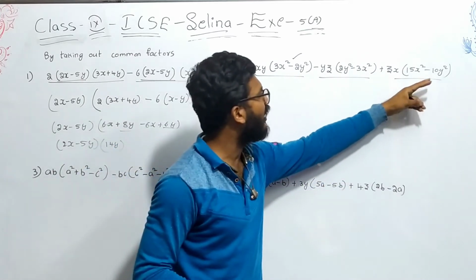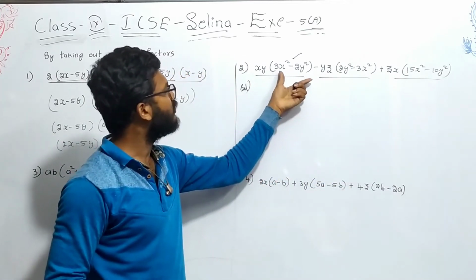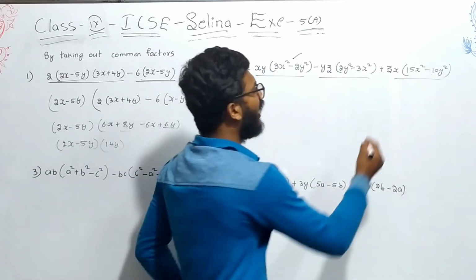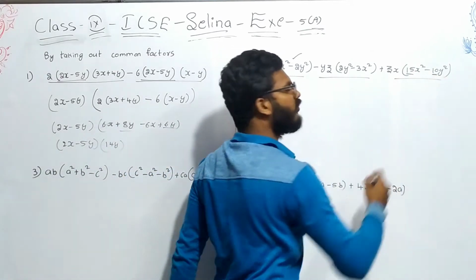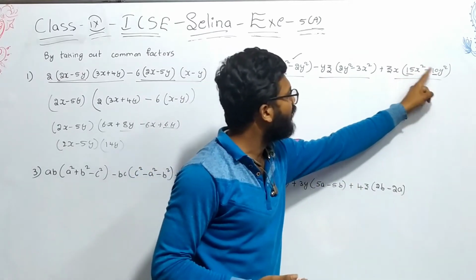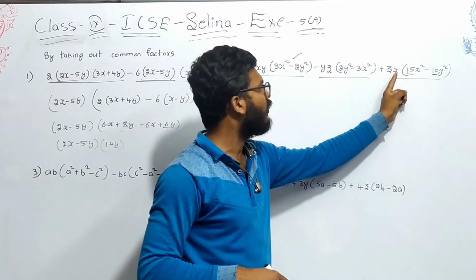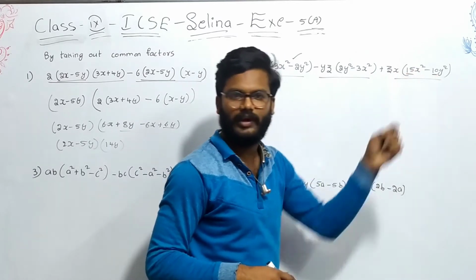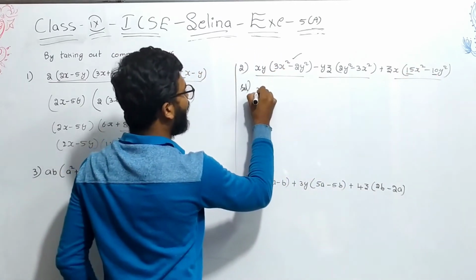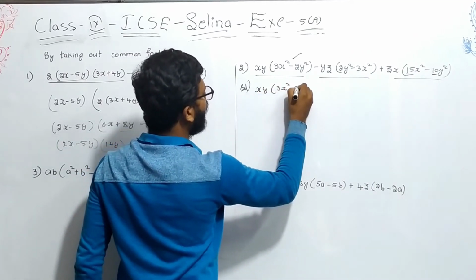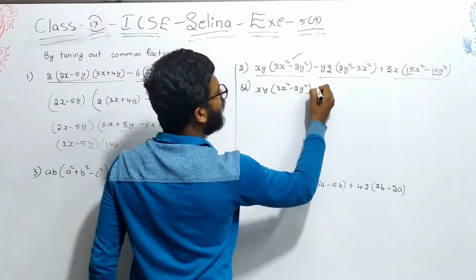And if you observe the last one, here we have 3x square minus 2y square, here 15x square minus 10y square. And in these two also there is 5 common. 5 is a common factor for those two in itself, right? So if you take out 5, you will get 3x square minus 2y square, right? So this can be written as xy into 3x square minus 2y square.